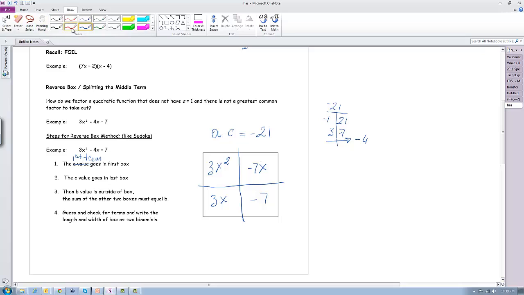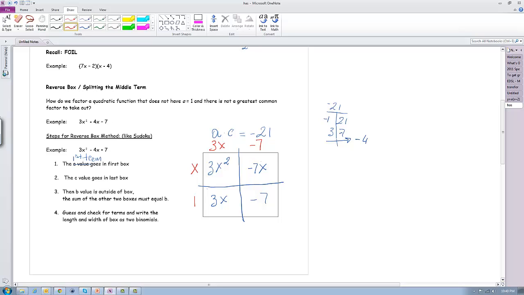The next step is to go row by row and column by column and find the greatest common factors. In this case, my greatest common factor for this particular row is x, and the greatest common factor for this row, 3x minus 7, is 1. That's the only thing I can find. For the columns, the greatest common factor for this column would be 3x, and for this column it would be minus 7.